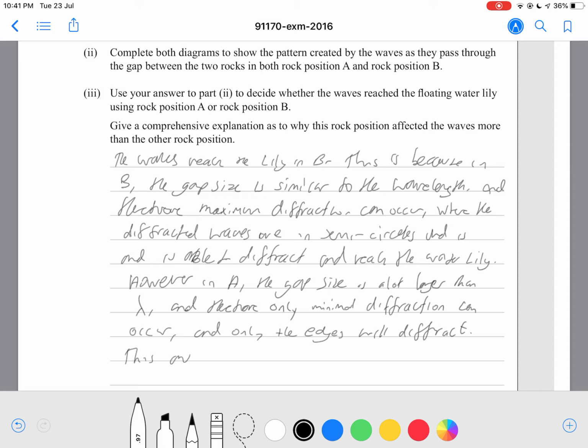This means the waves do not bend enough to reach the water lily.